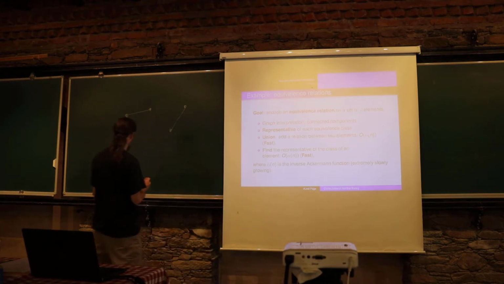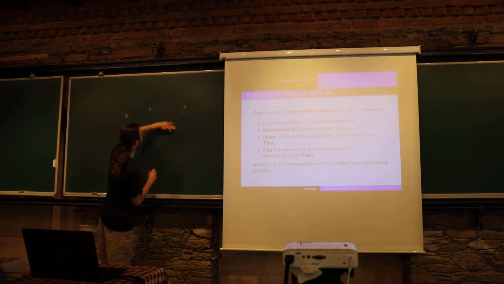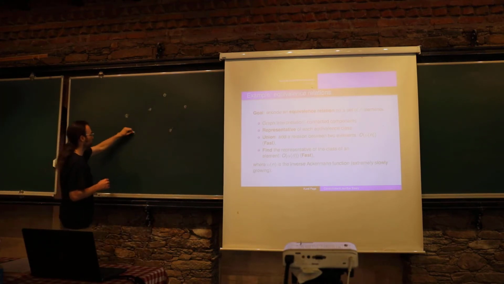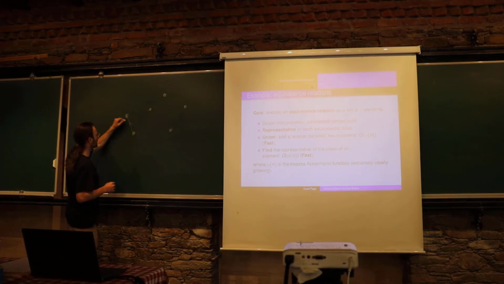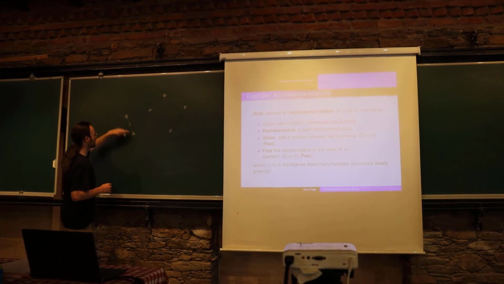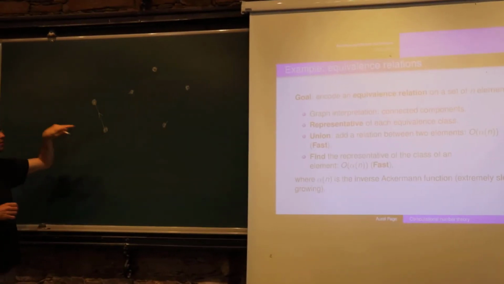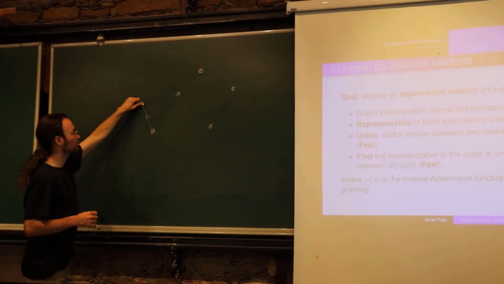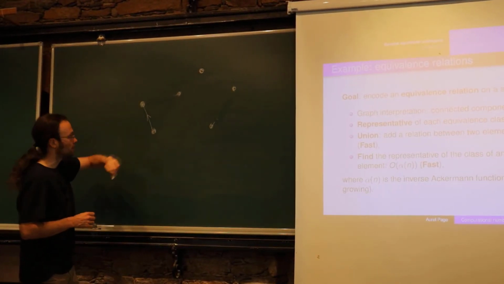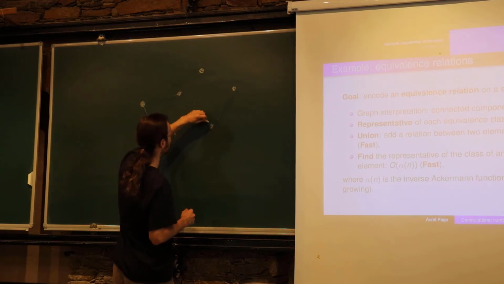So how does it work? Instead of pointing randomly, when you add the relation, you put an oriented edge pointing, not just to the next element, but to the representative of the class. Then you add another relation.